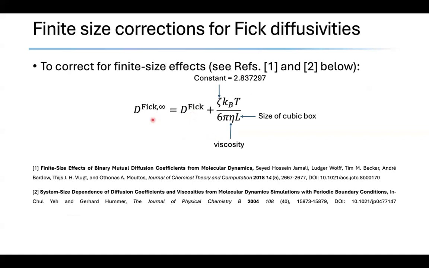On the left-hand side of this equation, you have the Fick diffusion coefficient for an infinite system size, or at the thermodynamic limit, which equals the Fick diffusion coefficient calculated from MD simulations plus a correction factor, which depends on the temperature, the viscosity of the mixture, and the size of the simulation box. Note that the simulation box here is cubic, implying that all three sizes x, y, z should be identical.